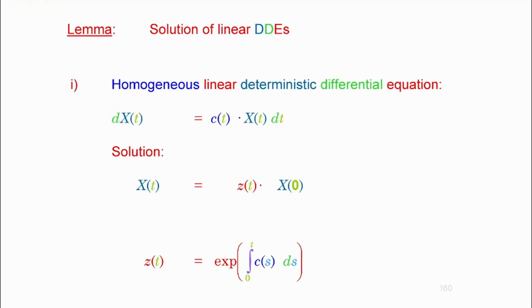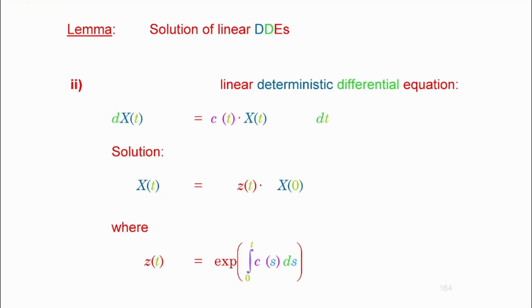Okay. Now I'm going to look at the second part, where you're going to see an inhomogeneous, or non-homogeneous one, but it's still going to be a linear one. And I'm going to talk about linear ones only, at least in this part. So I'm going to have two functions now for the drift function.